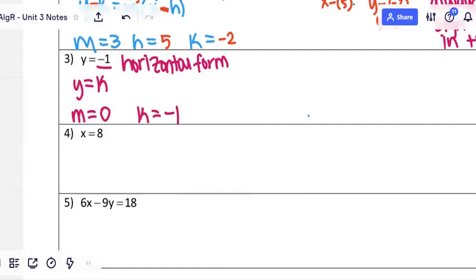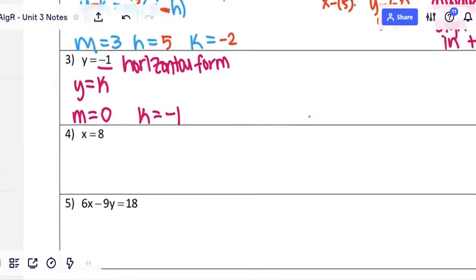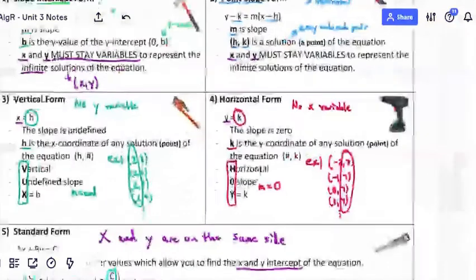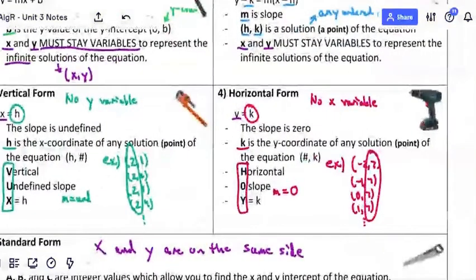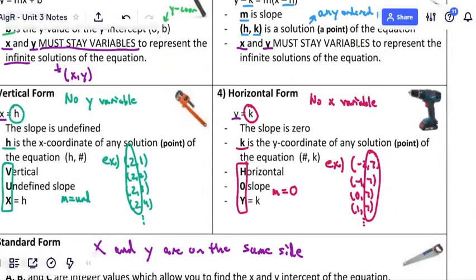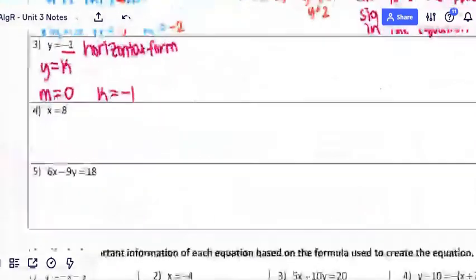Our next example is x is equal to 8. Well, I have x by itself equal to a constant, and that matches with vertical form. So what is the slope of a vertical line? The slope of a vertical line is undefined. So we want to make sure we write down that our slope is undefined and that our form is x equals h, and h is the constant.